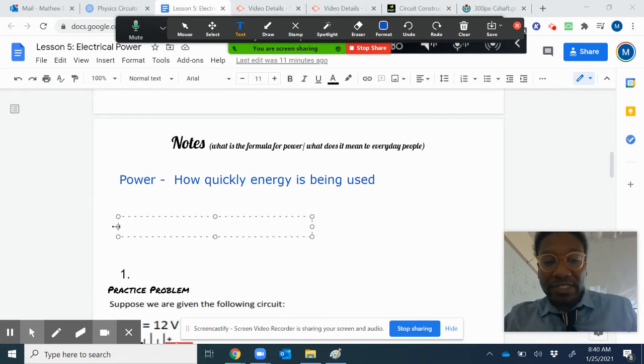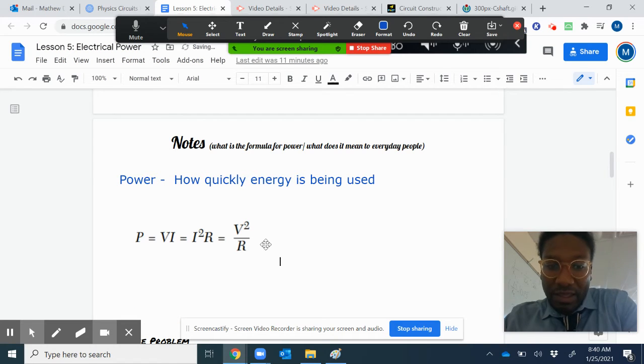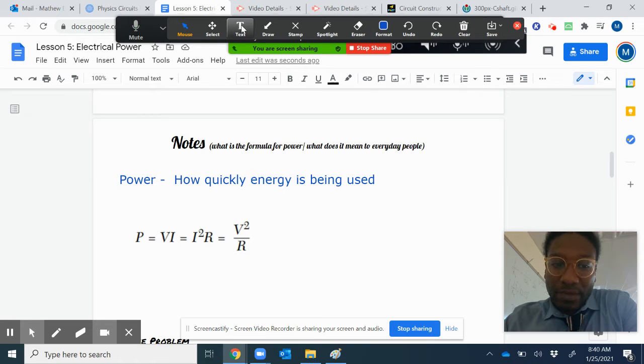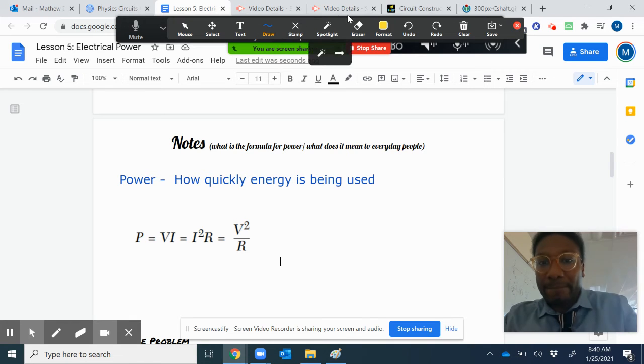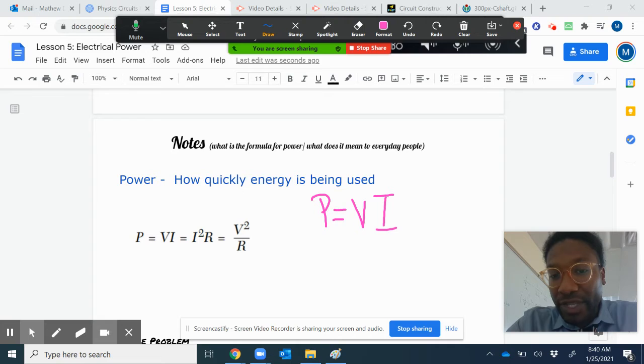So there's a few formulas that we can use to calculate power. Each of these is its own formula. There are several of these formulas written into one. P, or power, equals voltage times current. That's one formula.